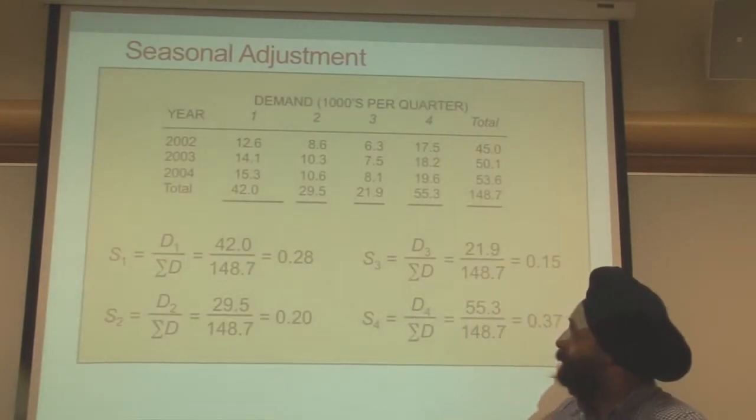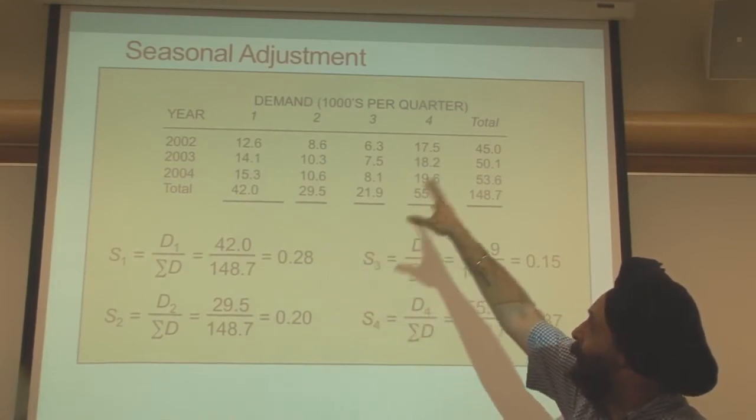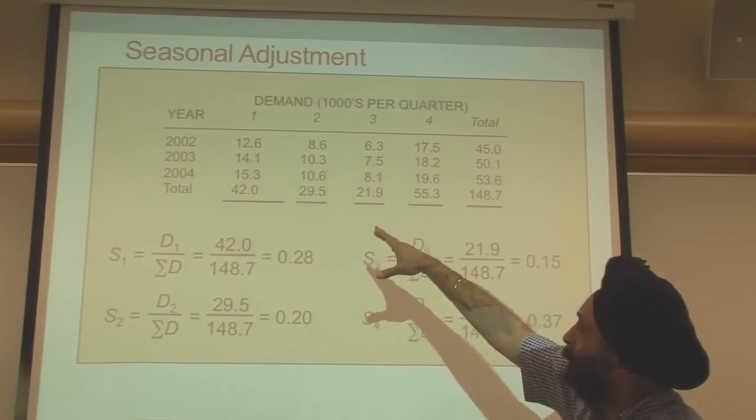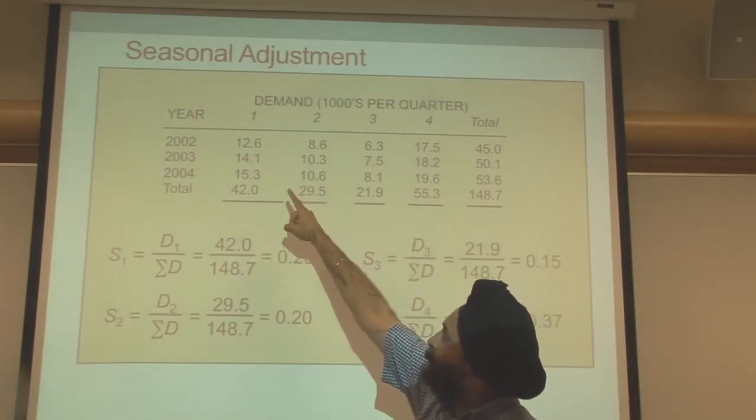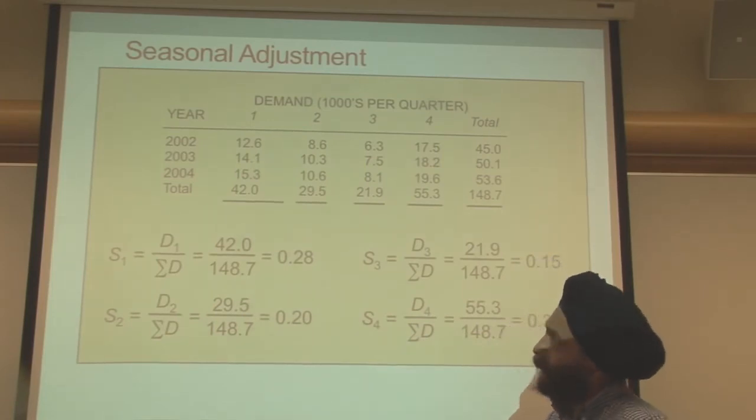Notice that we have 3 different years' worth of data. Demand is in thousands for each quarter. So the first quarter, you're looking at 12,600 units of demand.